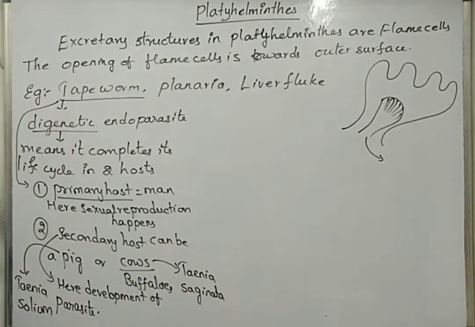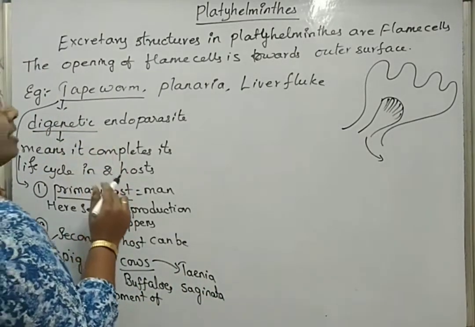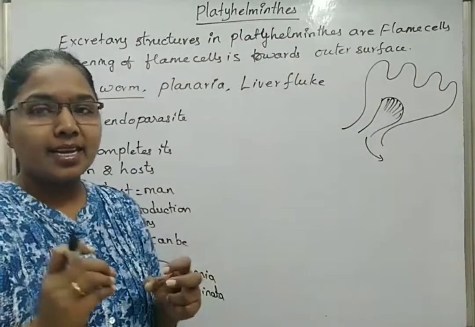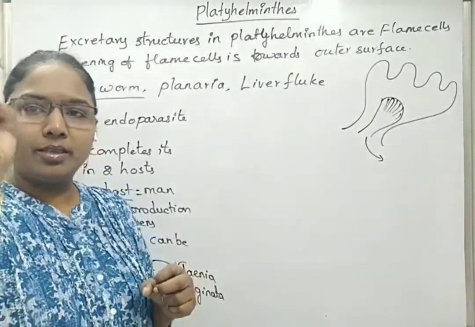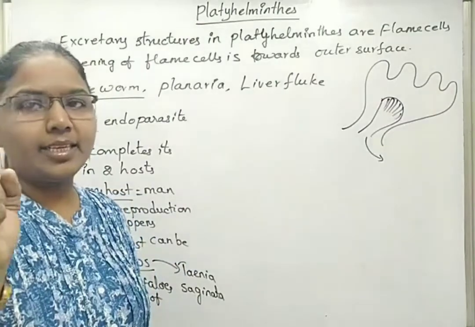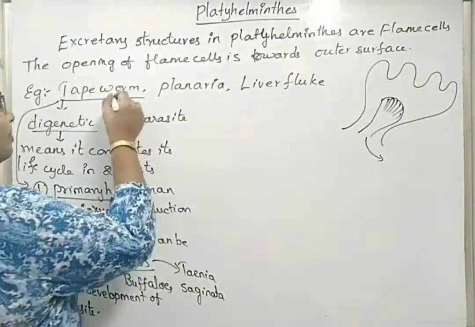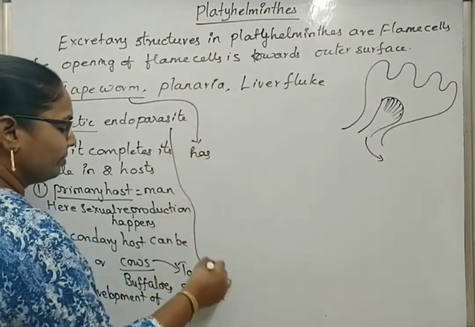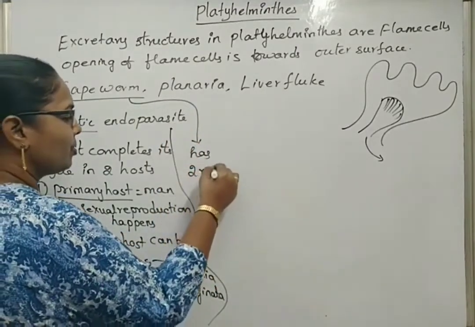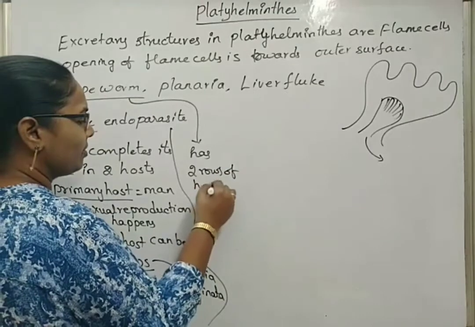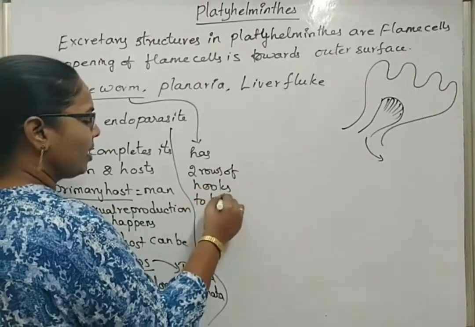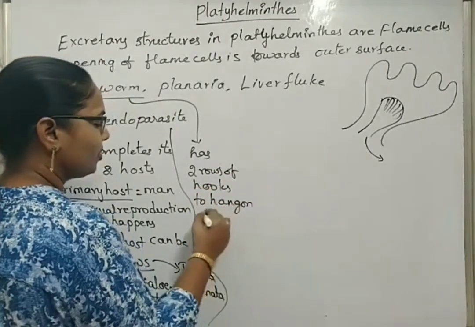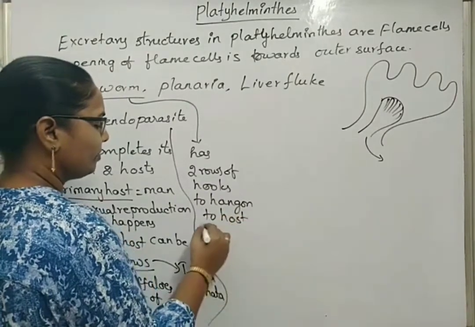This tapeworm has hooks and sucker-like structures to hold on to the intestinal walls after infection. It has 2 rows of hooks to hang on to the host intestine.